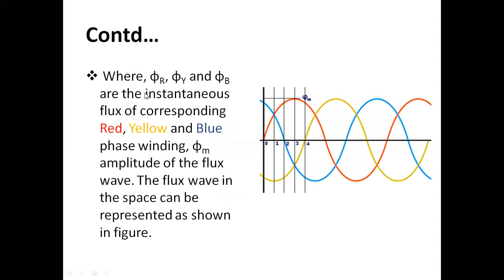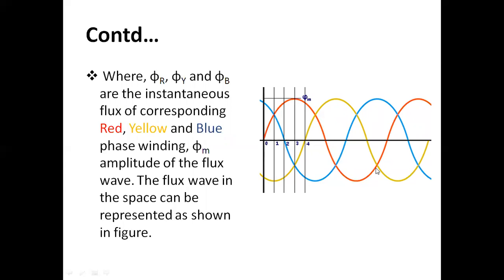Here phi r, phi y, and phi b are the instantaneous values of flux corresponding to the red, yellow, and blue phase windings, where phi m is the amplitude of the flux wave. The flux waves in space can be represented by this figure, which is a sine graph.